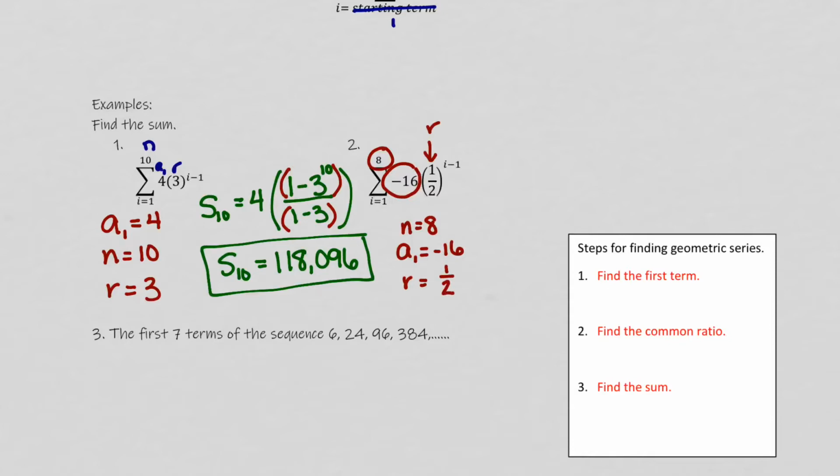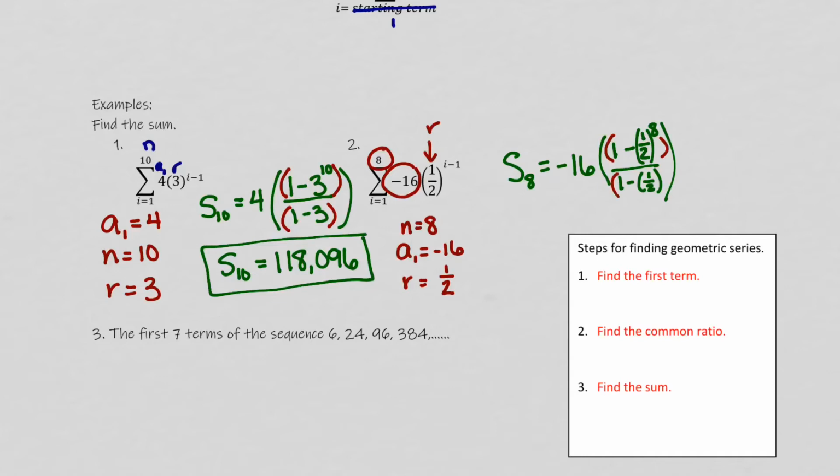Okay, so I'm going to plug that into the formula where the sum of the first 8 terms is the first term times 1 minus the R to the nth power over 1 minus R. And you don't have to put those 1/2s in parentheses. I just kind of wrote them in parentheses, but the parentheses didn't need to be there.